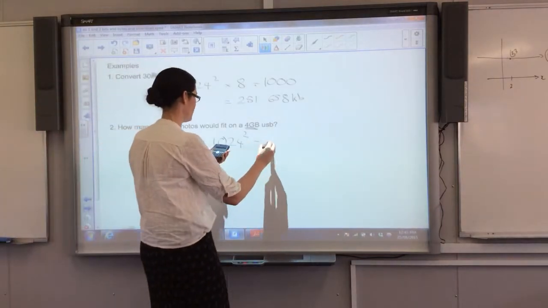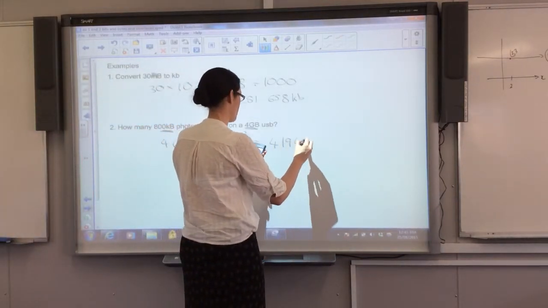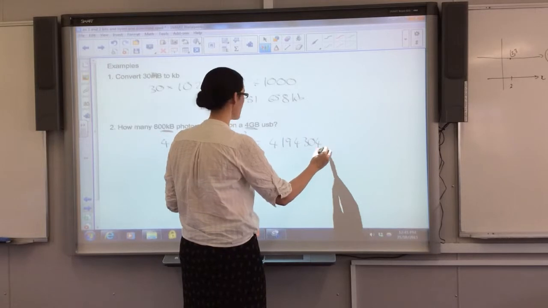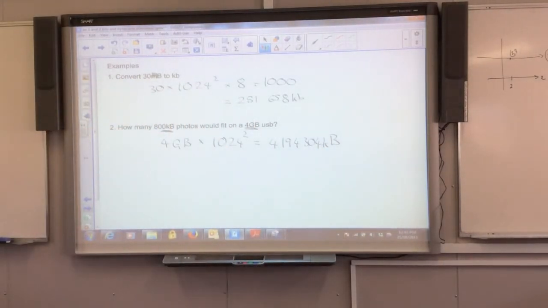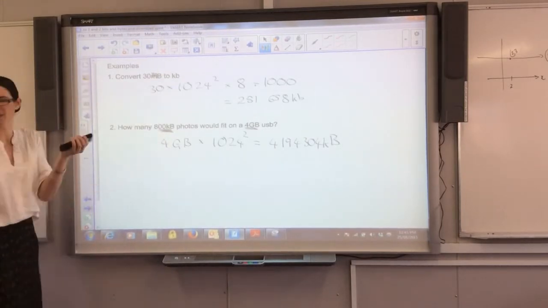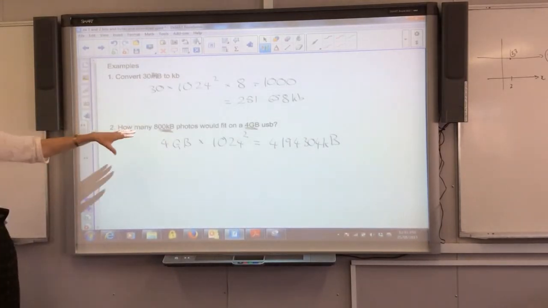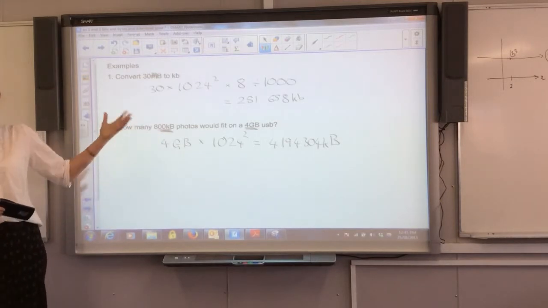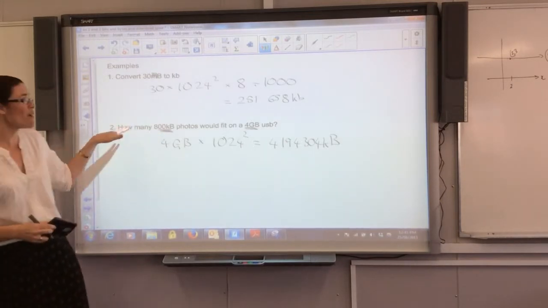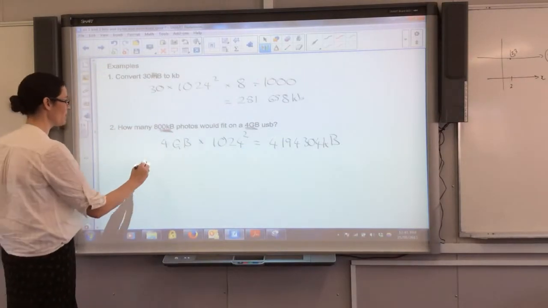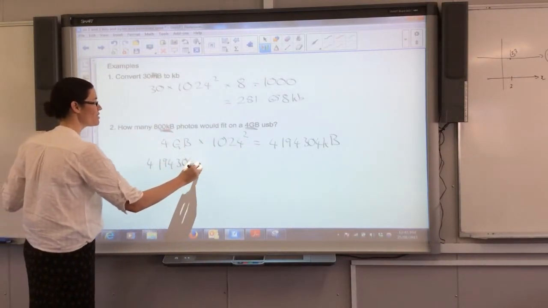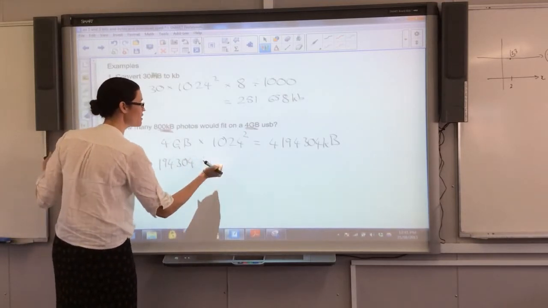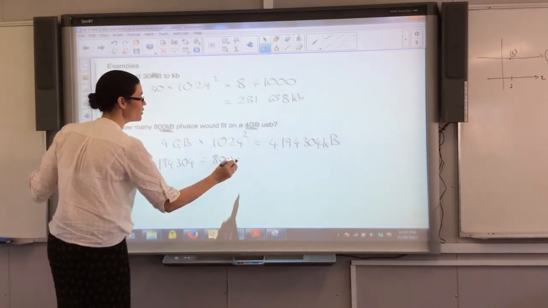So that's how many kilobytes I have. I want to know how many photos are going to fit on my USB. Each photo, obviously they're different depending on the detail of the photo, but we're saying each photo is roughly 800 kilobytes. So to know how many fit on this USB, I'm simply going to take this and divide to see how many 800s would fit on my USB.